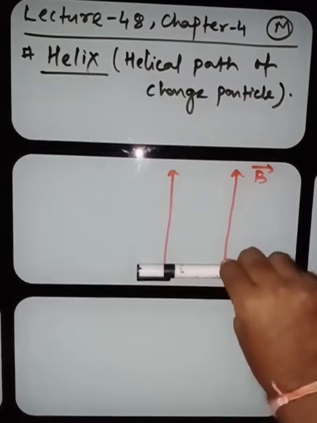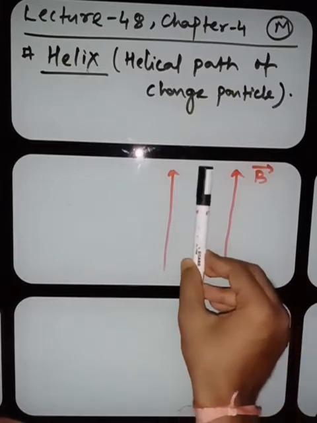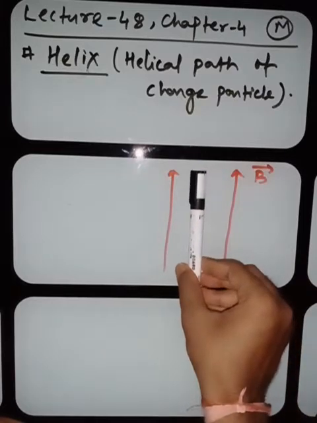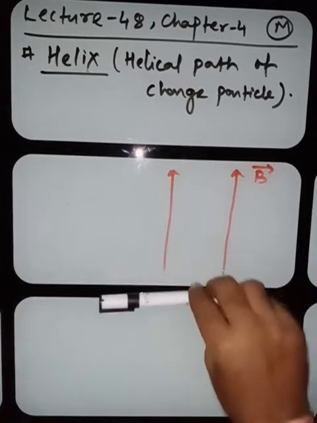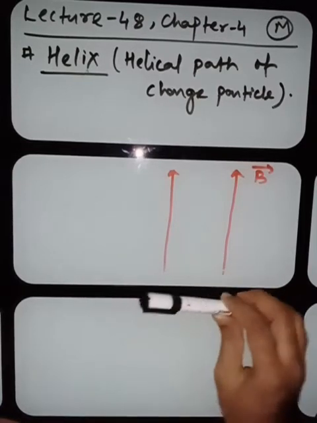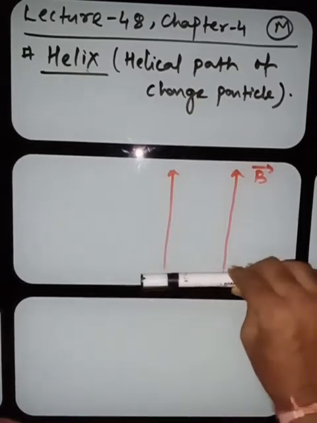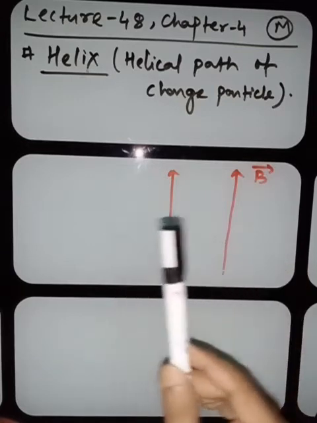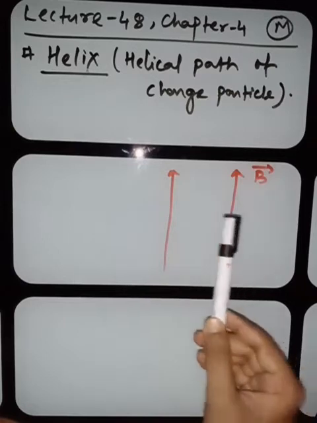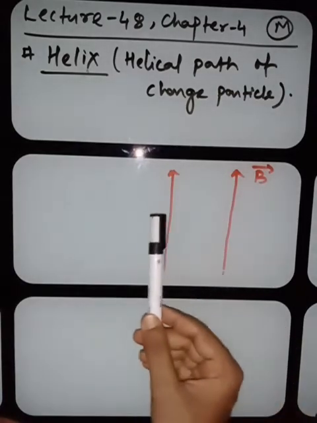It's quite obvious, from 0 degree to 90 degree the force varies. And if you project it in this way, the charged particle will move in this circular path.